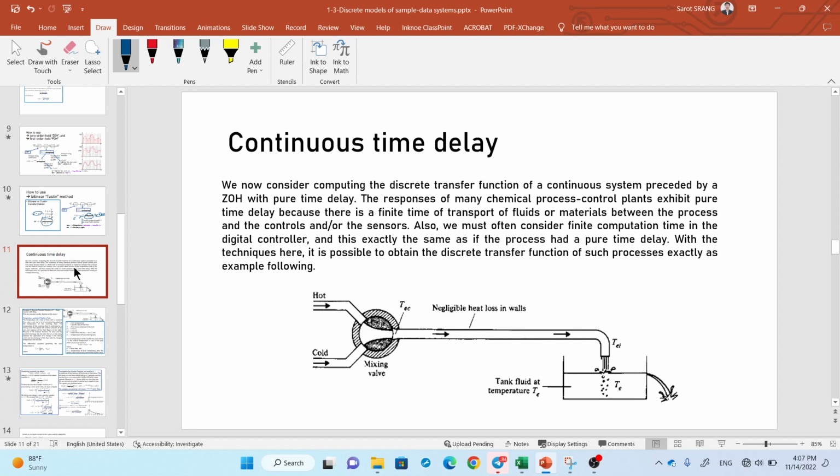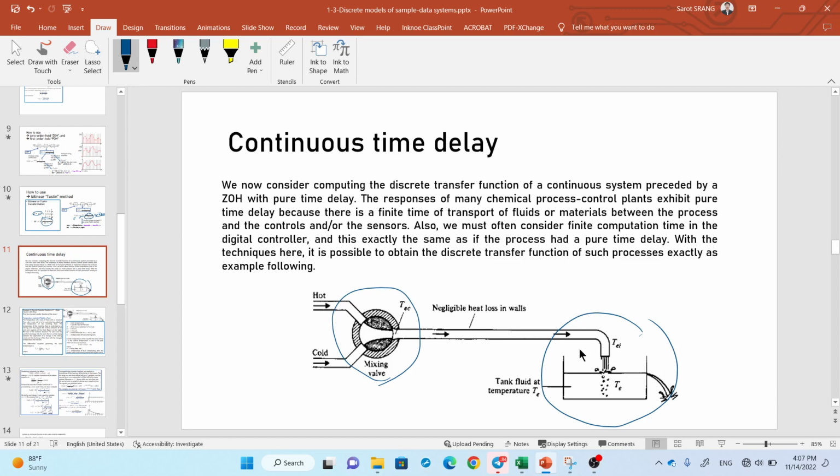Look at one example of a mixture in a chemical process in some chemical plant. You have a mixture out here, but the control valve is far away.